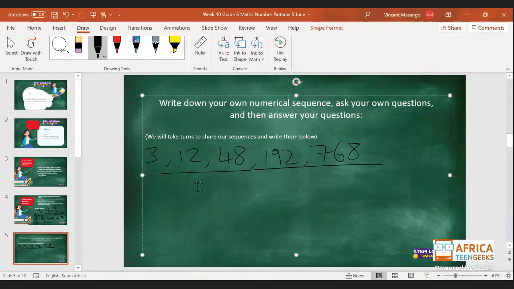Okay, Malcolm, let's unmute your mic, please, and then I can just talk to you. Hello, sir. Do you have your 3 questions that you've made for this sequence that you created? The question that I have is what did you multiply? What number did you use to multiply to the sequence?